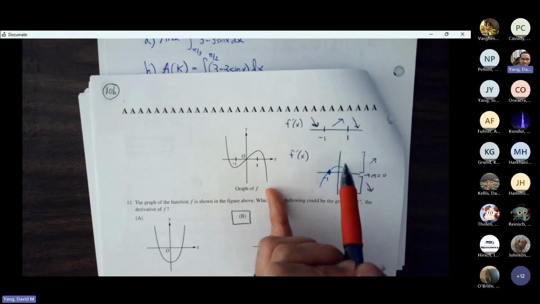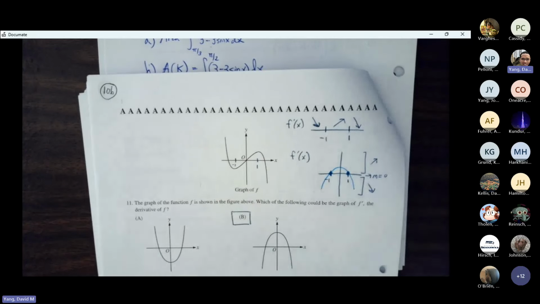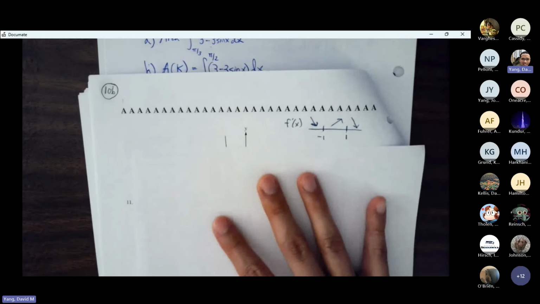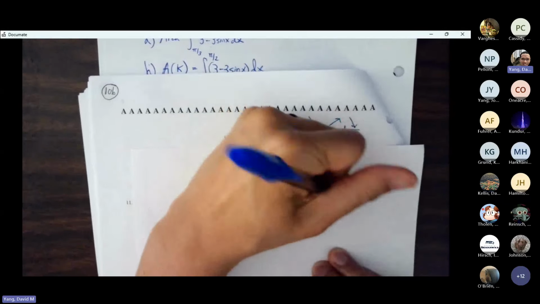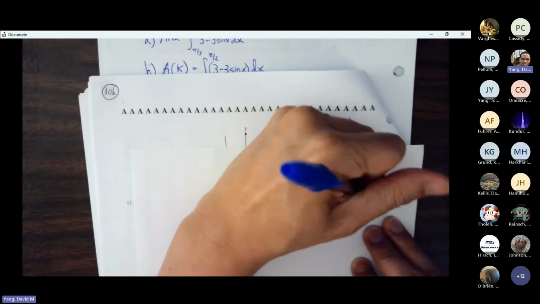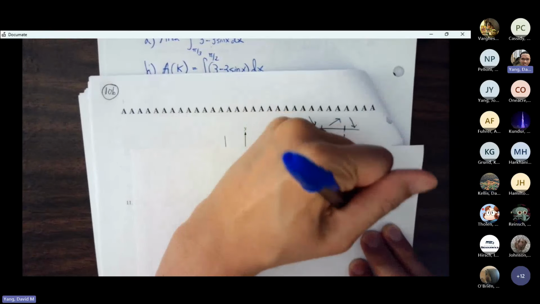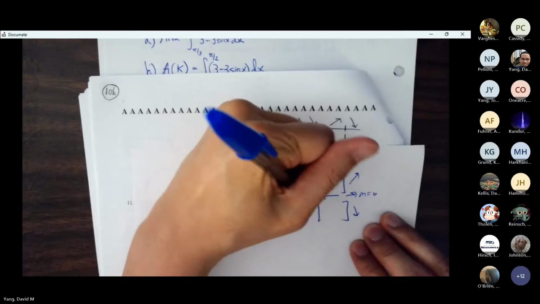I'm going to translate this to a derivative graph. From that sign line, I know ultimately my f prime graph is going to have these features: slope is 0, positive slope, and negative slope. So my -1 and 1 are going to be my x-intercepts.